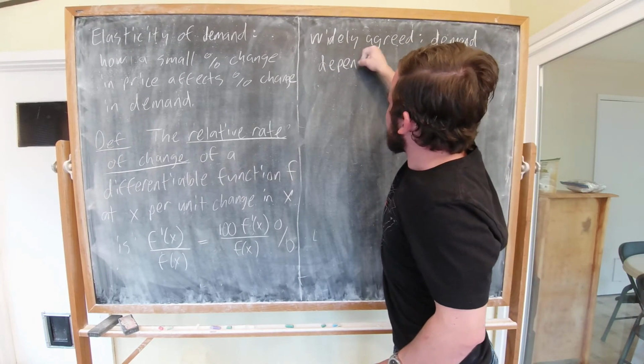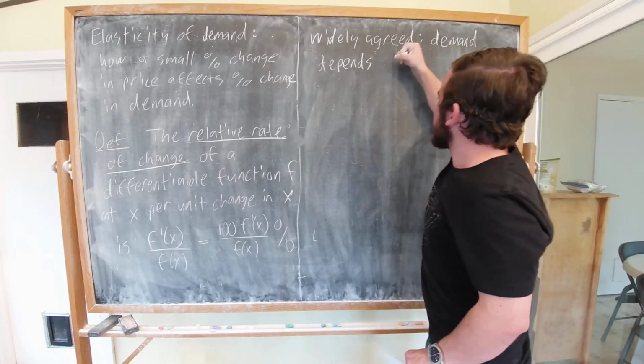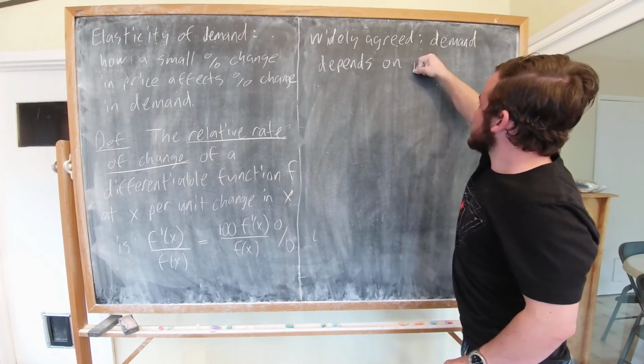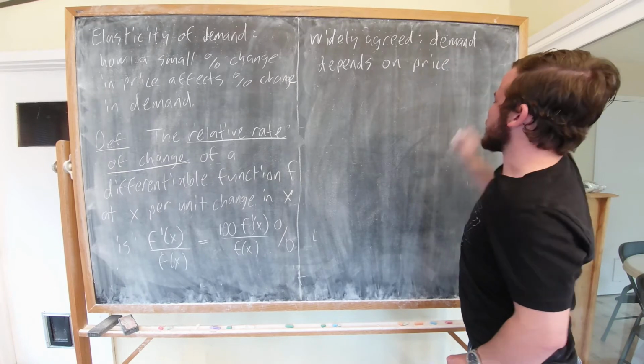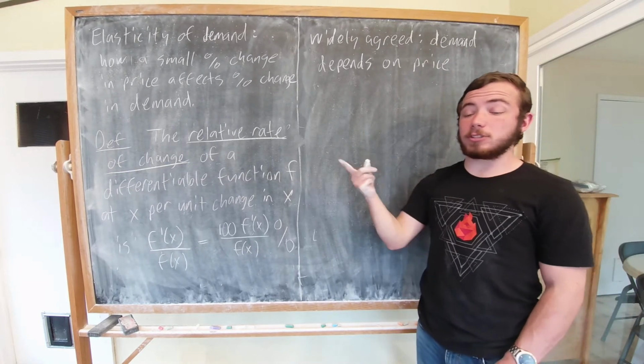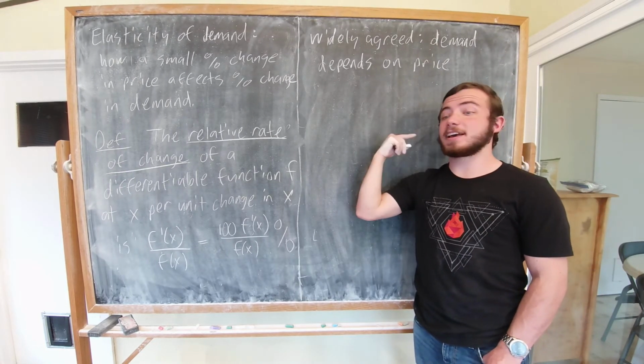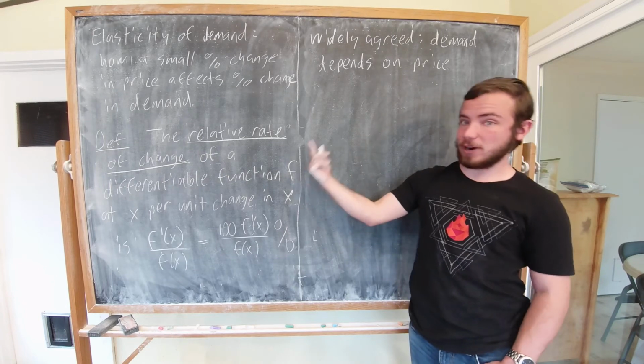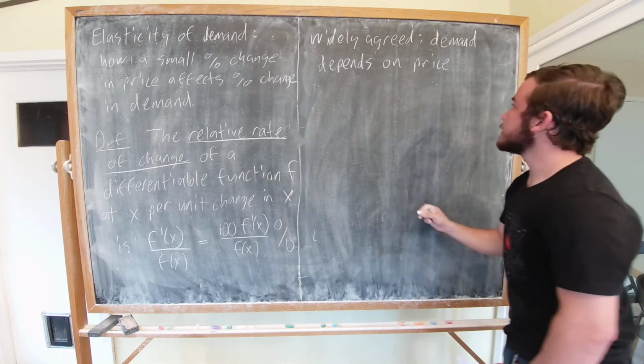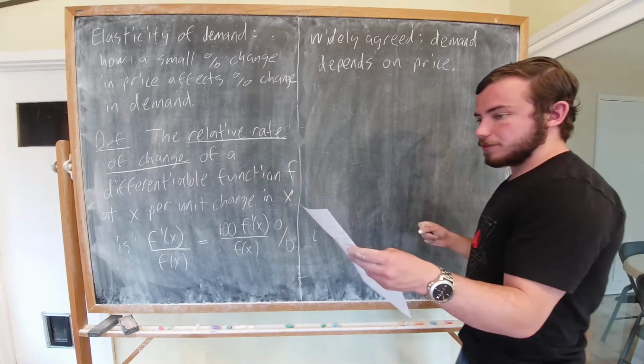In fact, they depend on each other in the same way, right? If you have a function saying here's how demand is related to price, then the inverse function of that is how price is related to demand, and so on and so forth.